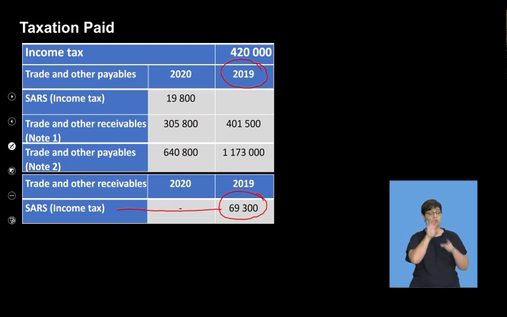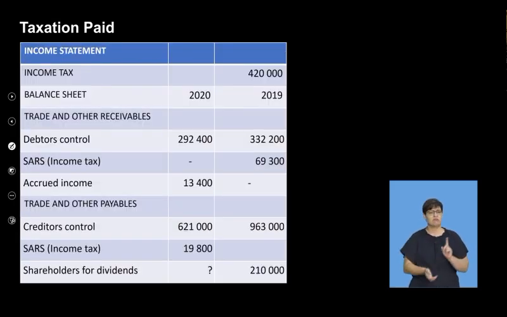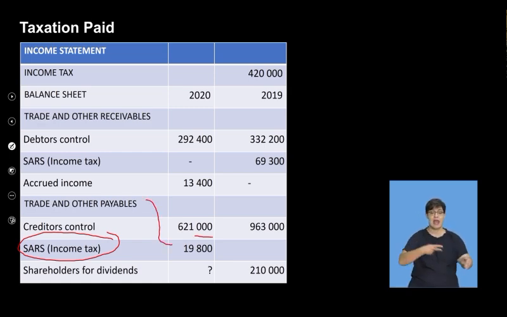When you look at the year under review, 2020, look at the difference in the placement of SARS income tax. It's appearing under trade and other payables, meaning that it's a liability.